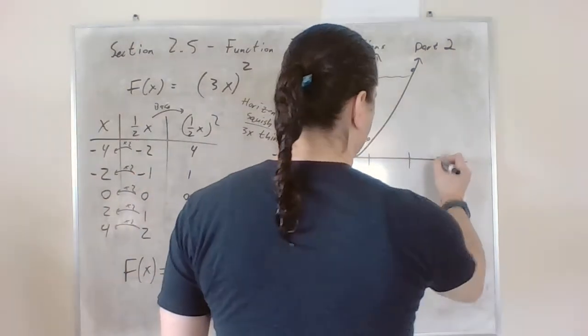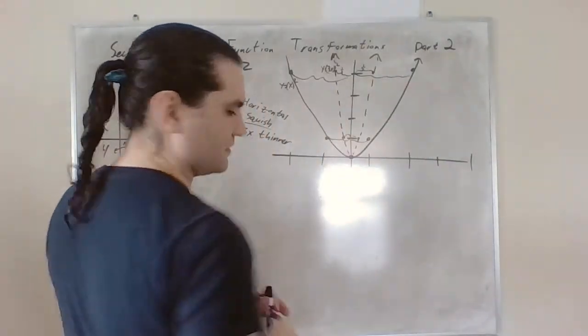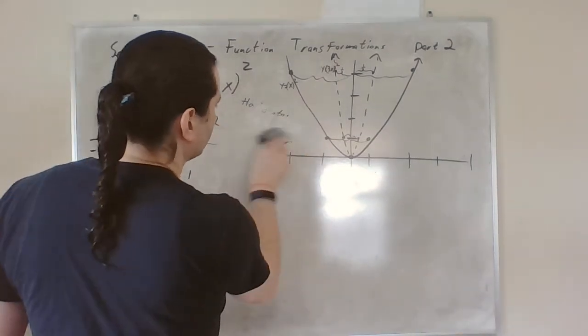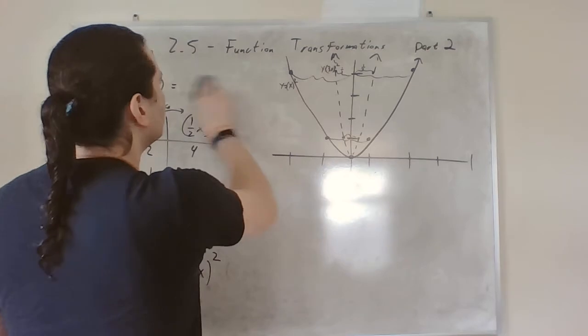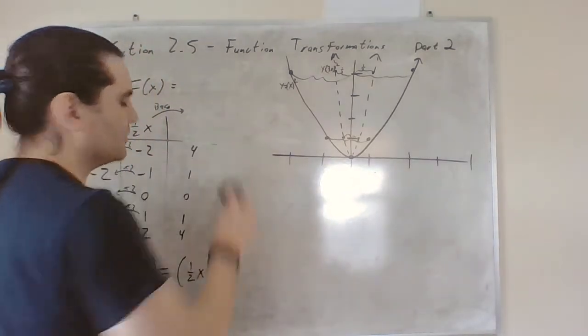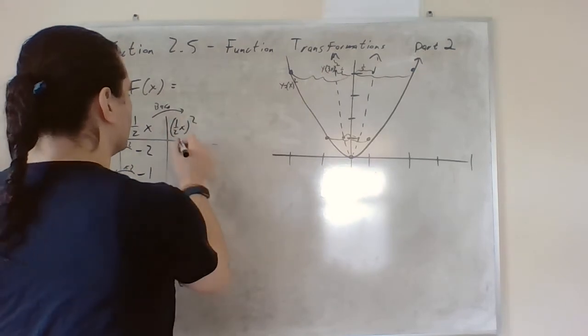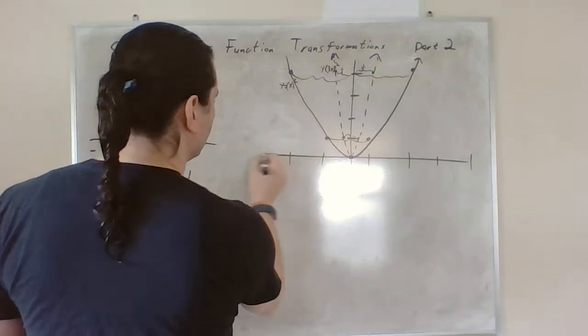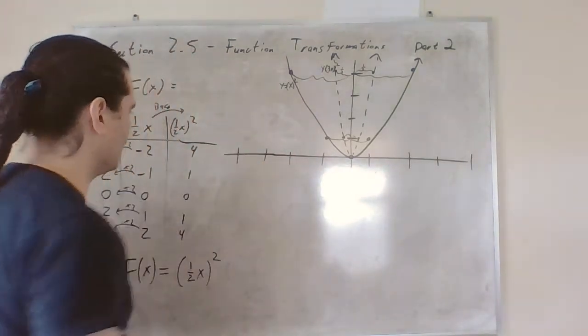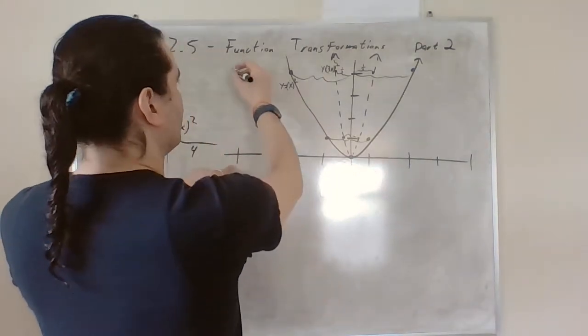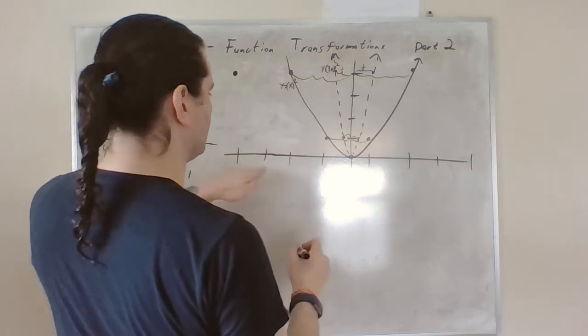Didn't leave myself enough room for this, but we'll try. We'll try to put this over here. Squeeze that in. Okay, so I'm all the way back at -4 by the time I hit this.